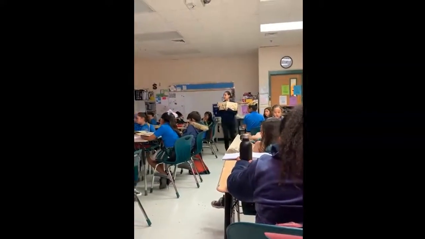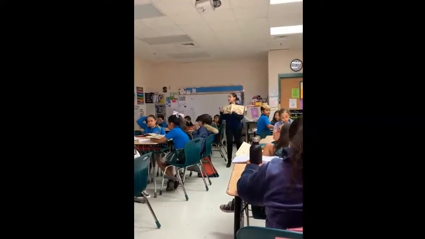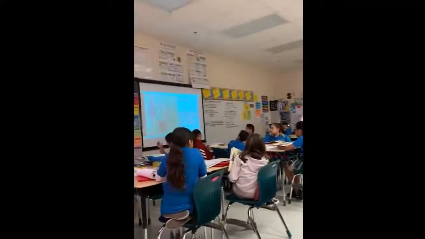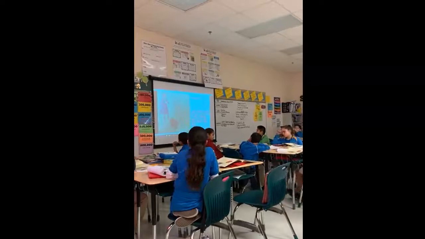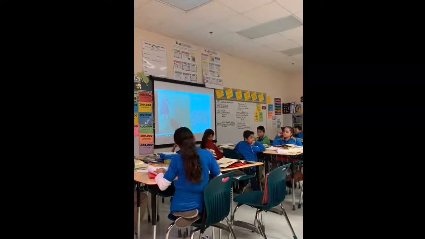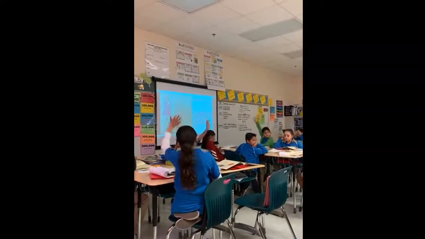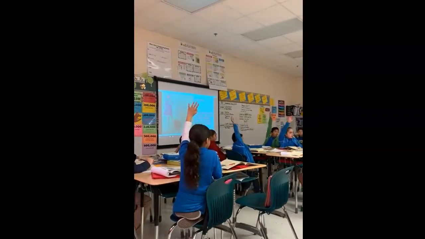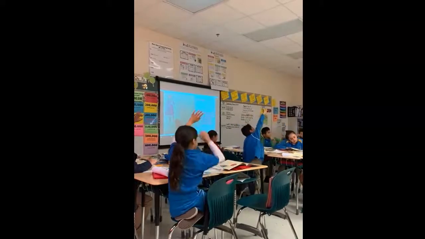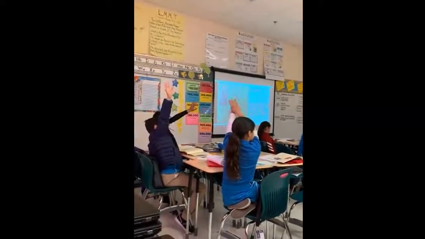Yes, so now that we've read page 6, the question says, Anna's mother says, we will make a quilt to help us always remember home. Why did Anna's mother want to make a quilt? Think about it. Go ahead and write it in your response journal.